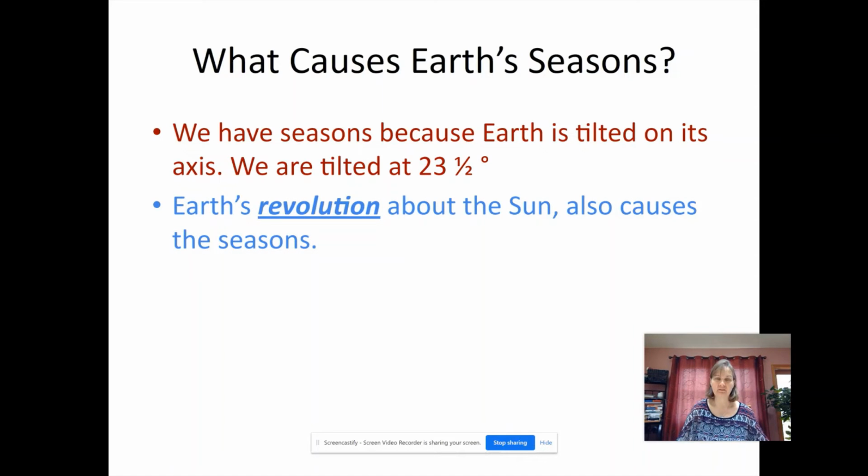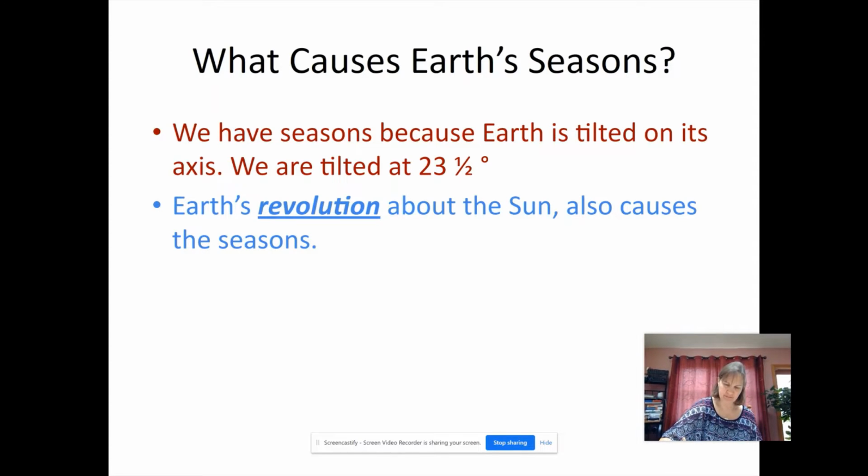Okay. So Earth's revolution, remember, revolution means to move around the sun, or move around a central object is actually the proper definition. In this case, Earth moves around the sun. So it's the combination of the tilt and our movement around the sun that causes the seasons.